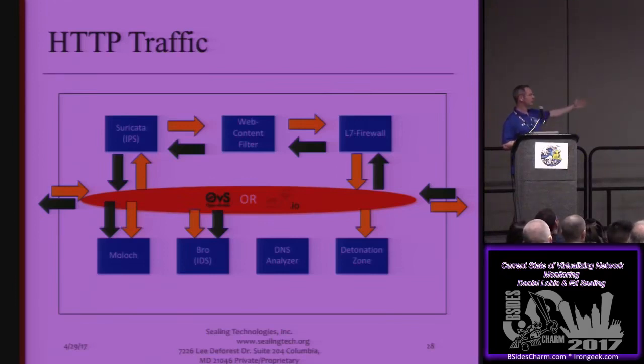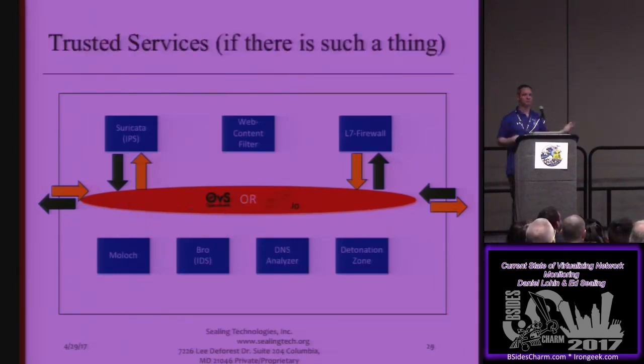As an example, with your HTTP traffic, let's say the network monitoring that Dan was showing a minute ago, if you bring traffic in, if it's HTTP traffic, then there are certain boxes you want to send it through. But if it's something like trusted services, if there's such a thing as that, then you might only want it to hit certain boxes. If it's DNS, you only want it to go to the DNS analyzer.